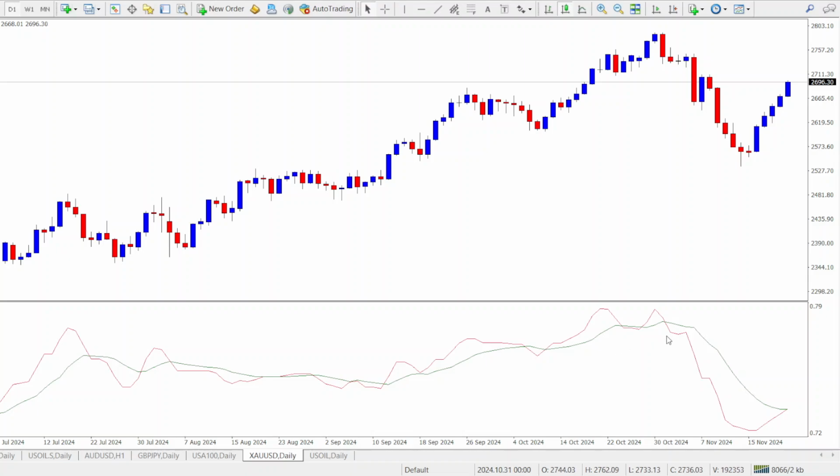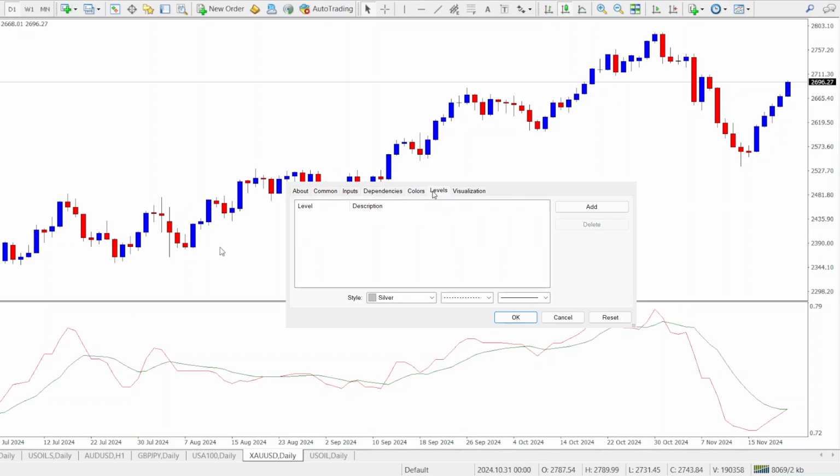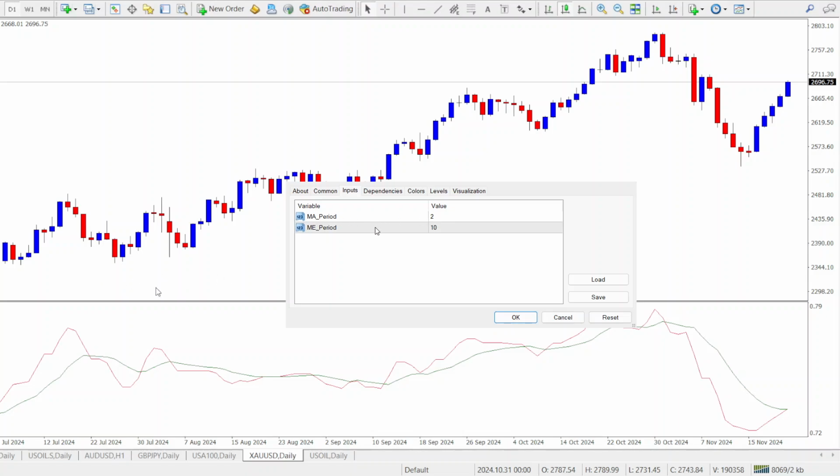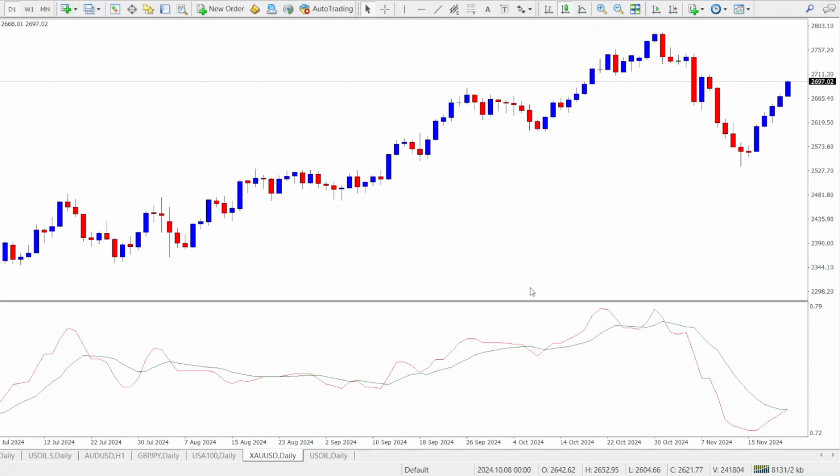The indicator makes use of MA periods, the 2 MA period and the 10 MA period. So when the faster period crosses below the slower period, you have a sell signal. It's as easy as that. The signals are very easy to interpret.